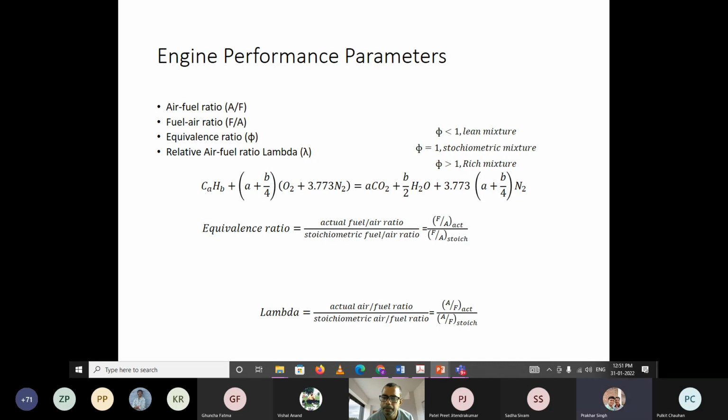Sir, in lean mixture and rich mixture, there will be undesired products. In all three situations, if you are talking about the actual combustion, then in all three conditions there will be undesirable products, emissions. This combustion equation we were studying here has a lot of assumptions.